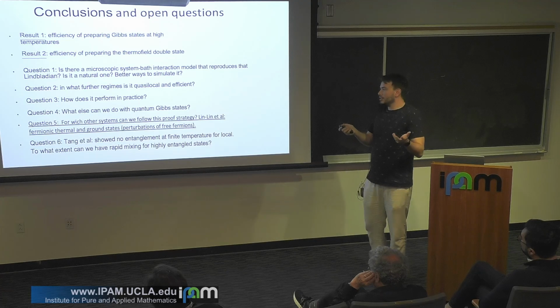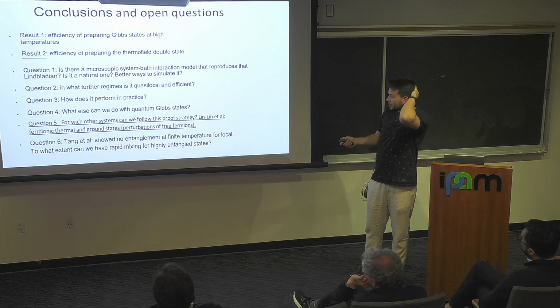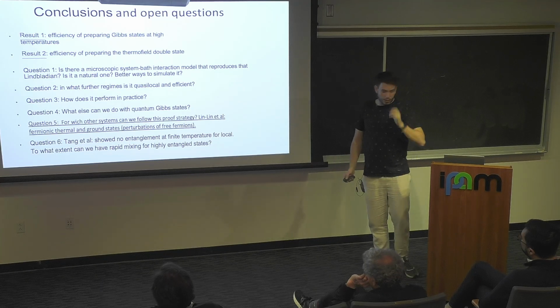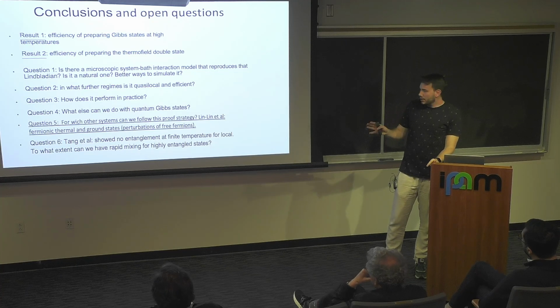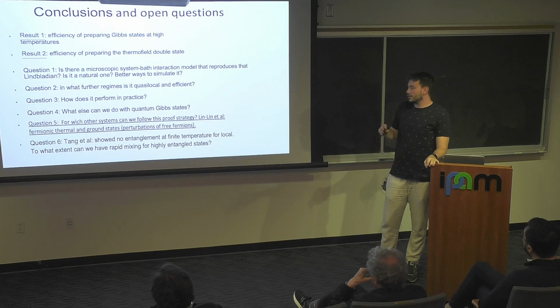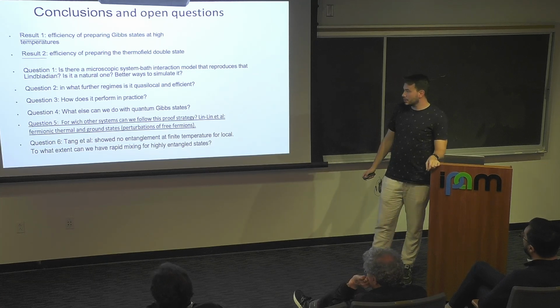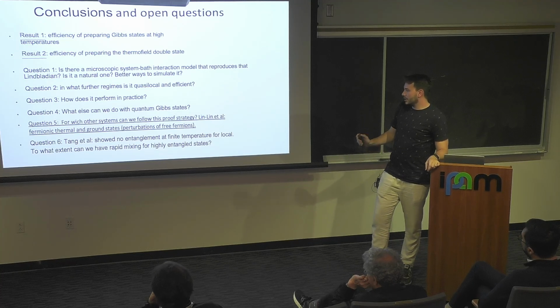But maybe there are easier ways to actually get these time evolutions. So it would be interesting also to investigate in what regimes you have this quasi-local and efficient implementation, or the convergence time is efficient.